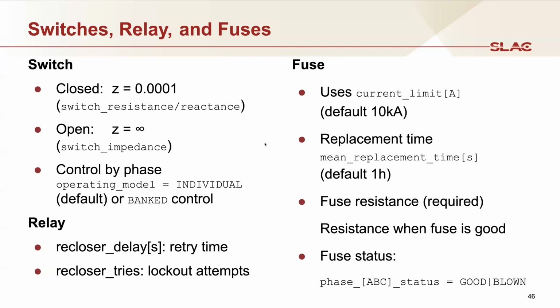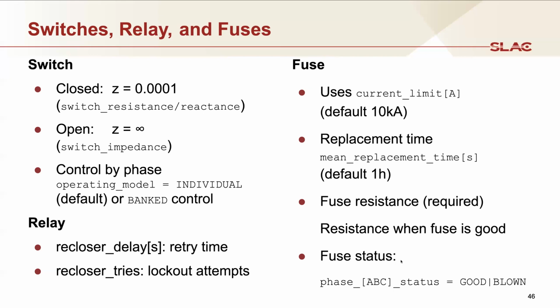And then fuses are essentially overcurrent, and right now the current limit is very high. And then it has a mean replacement time. Typically, the default is 1 hour. The resistance of the fuse does have to be provided, and that's, of course, the resistance when it's good. When the fuse is blown, the impedance obviously goes to infinity.